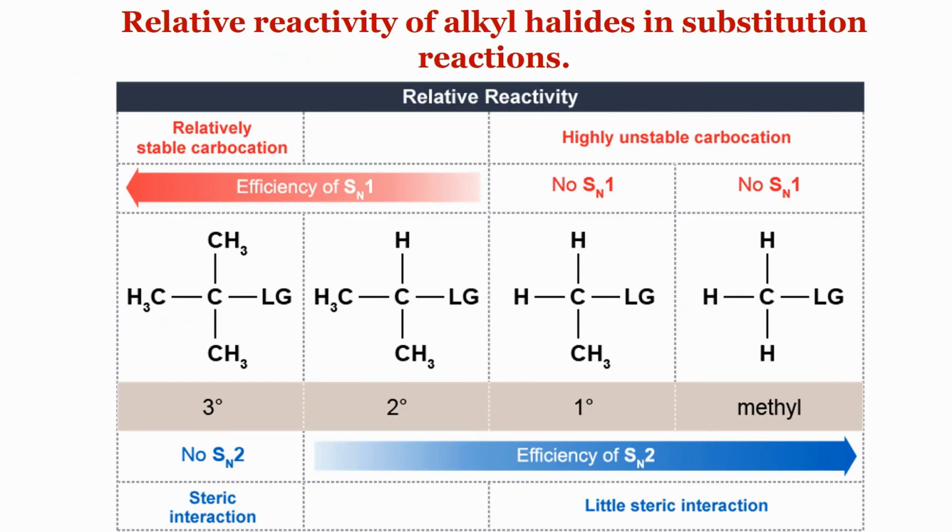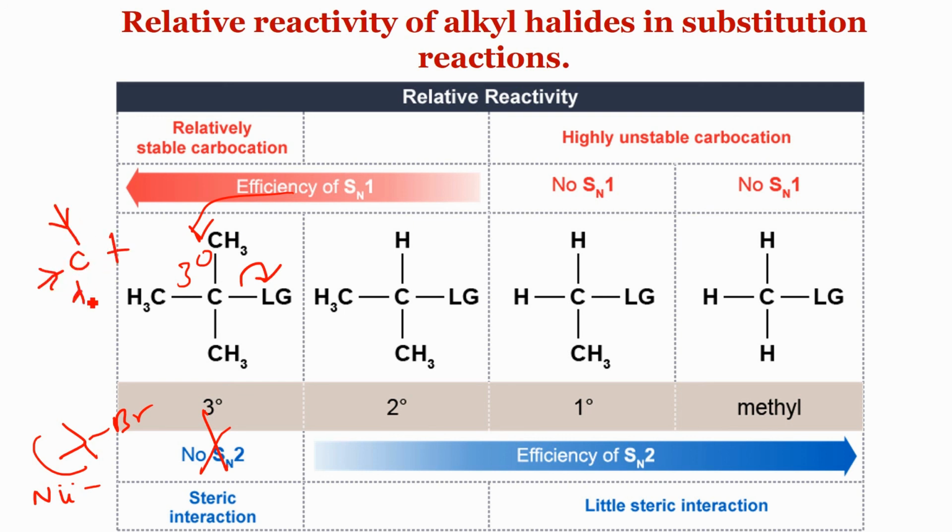This is a summary of what we already talked about. So SN1 would prefer tertiary. SN2 will not want tertiary because it's going to be crowded. For example, if you have this group, that's a tertiary, the backside is crowded, the nucleophile will be shunned away. So SN2 doesn't like tertiary, SN1 prefers tertiary because once the leaving group leaves, you get a tertiary carbocation which is stabilized by electron donation through bond.